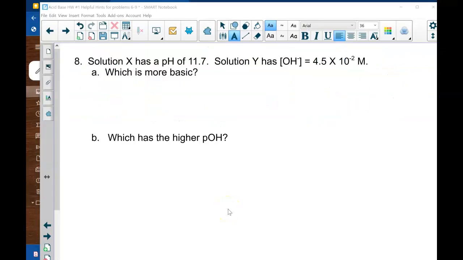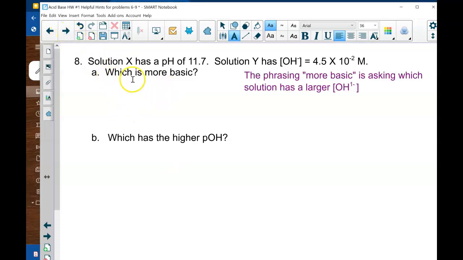Okay, for question 8, it says solution X has a pH of 11.7 and solution Y has an OH concentration of 4.5 times 10 to the negative 2 molar. So to give you a hint, the first part, 8A, the phrasing more basic is asking which solution has a larger OH minus concentration.